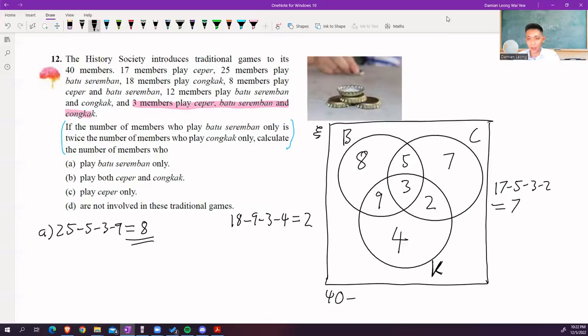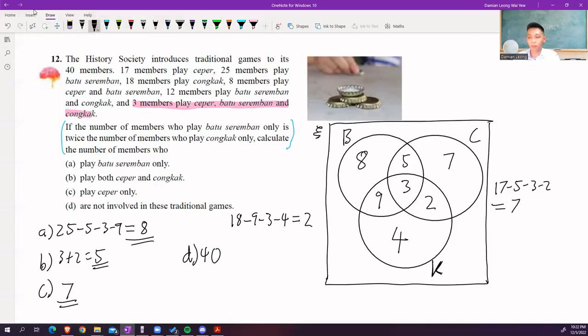Before that, let's look at part B and part C. Part B, play both Chepe and Jongkak. Chepe and Jongkak, 3 and 2 here. 3 plus 2, 5. Chepe only is this 7. And then part D is not involved in any of it.